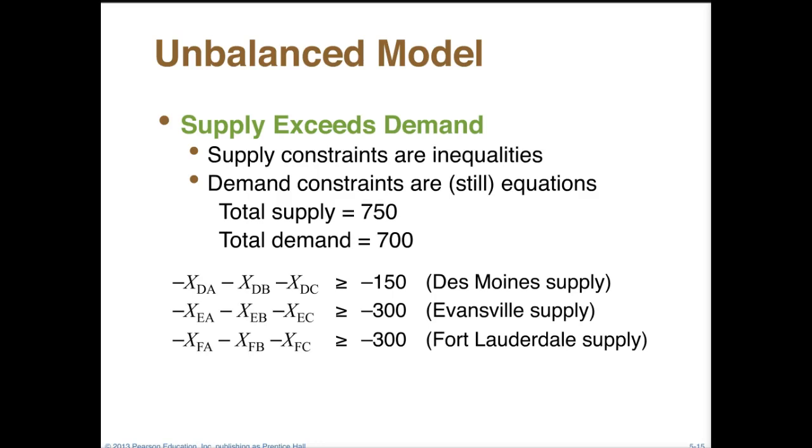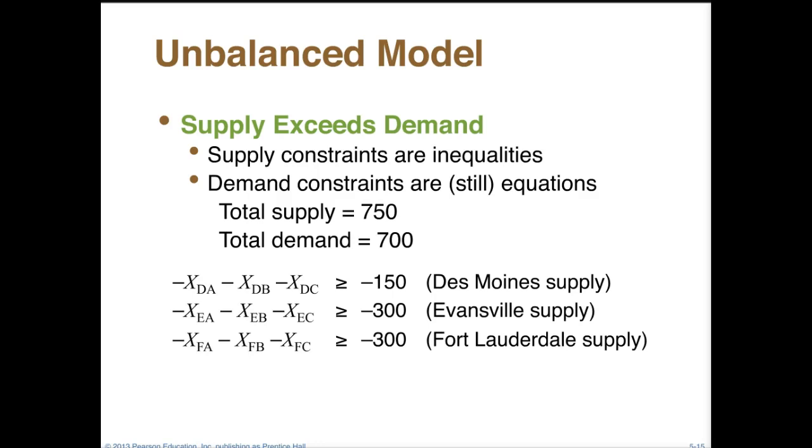All right, so now we've talked about a situation where supply meets demand. So now let's talk about a case where supply exceeds demand. Okay? So in this example, we know that our total supply is going to be 750 desks, but we're only being demanded to get 700 desks to our end destinations.